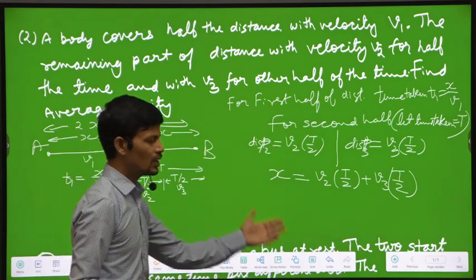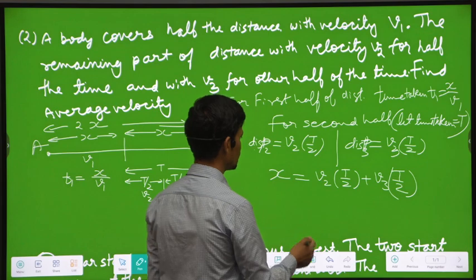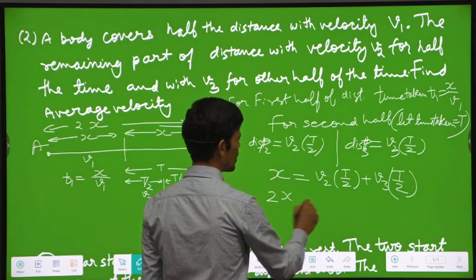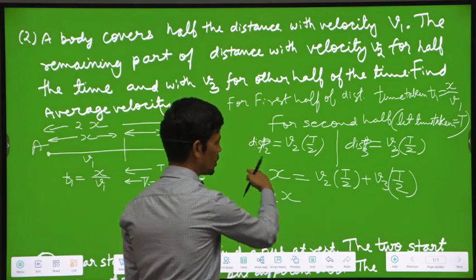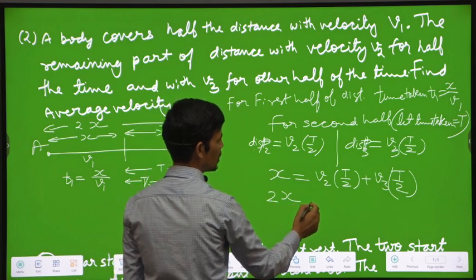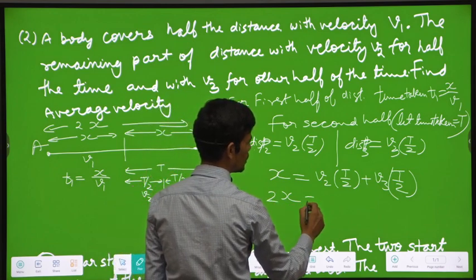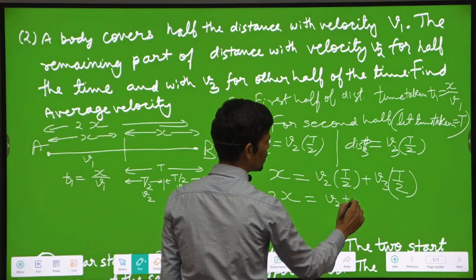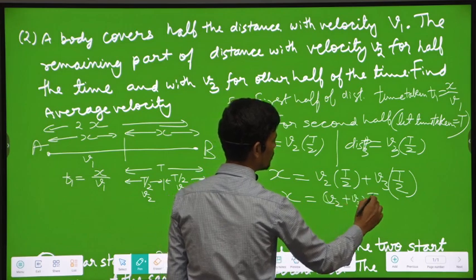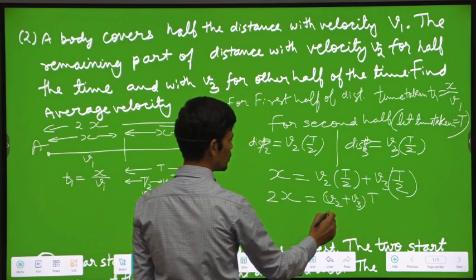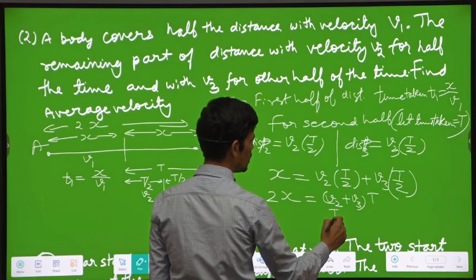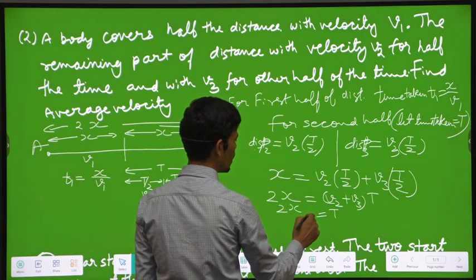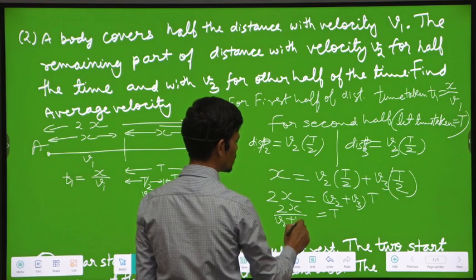And from here we can find T. We'll take 2 common, cross multiply it here, and then there is v2 plus v3 multiplied by T. So T will be 2x by v2 plus v3.